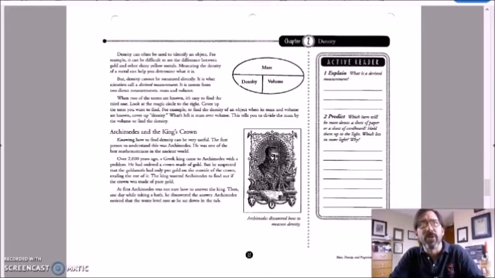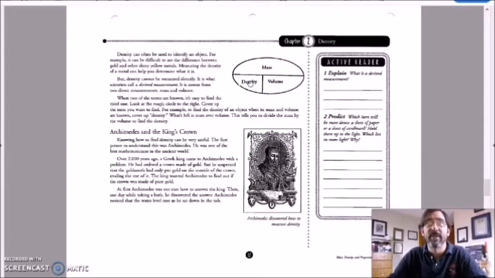When two of the terms are known, it's easy to find the third one. Look at this magic circle to the right. Cover up the term you want to find. For example, to find the density of an object, when its mass and volume are known, you cover up density.